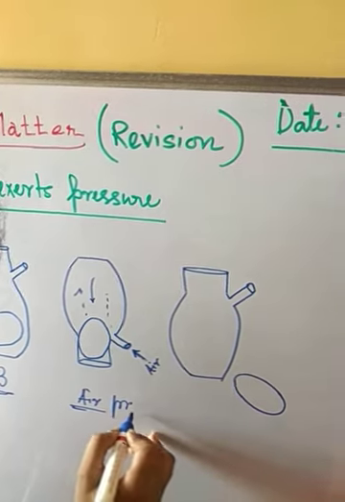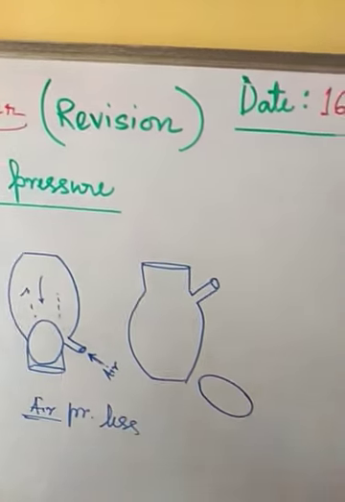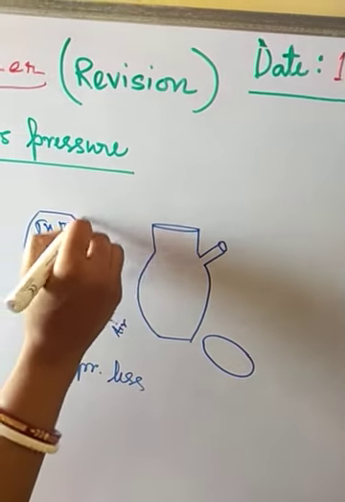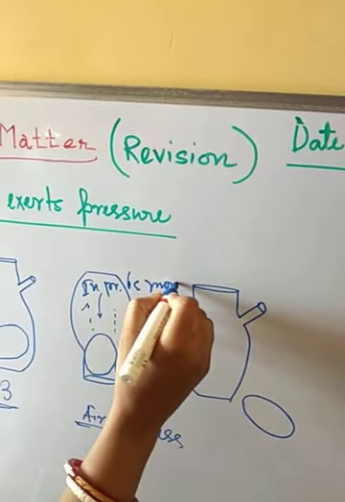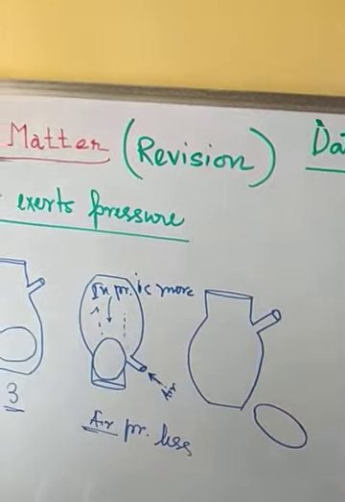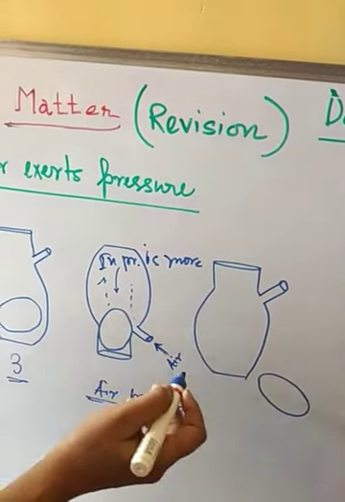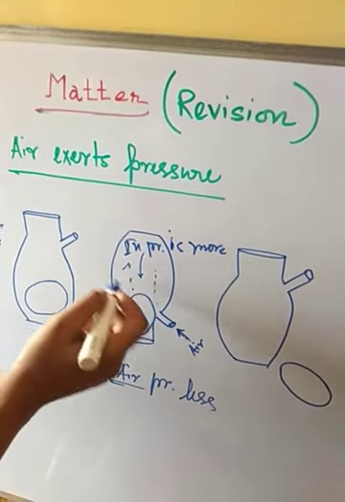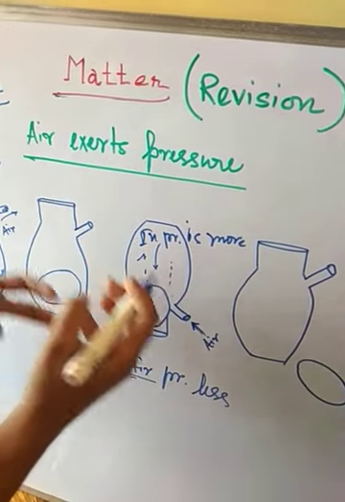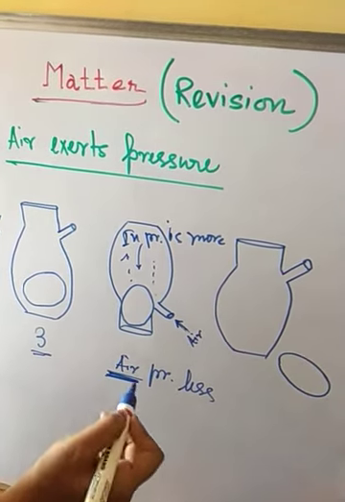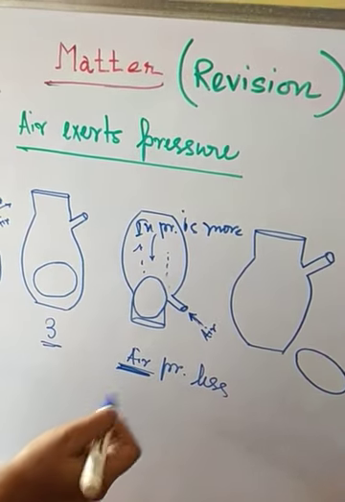Here pressure is less outside of the bottle, and inside the pressure is more. When we are blowing air through this side opening, as air is getting inside the bottle, it will create more pressure than the pressure exerted by the air outside.